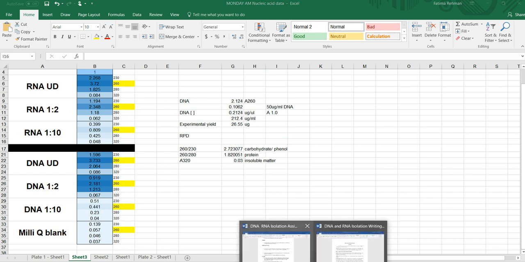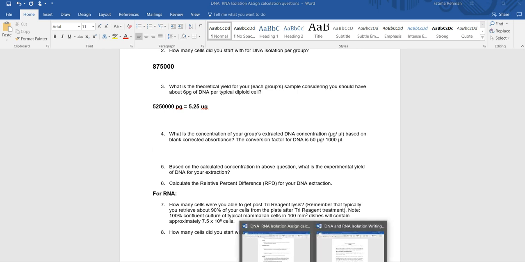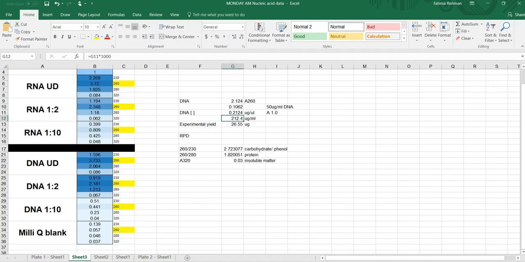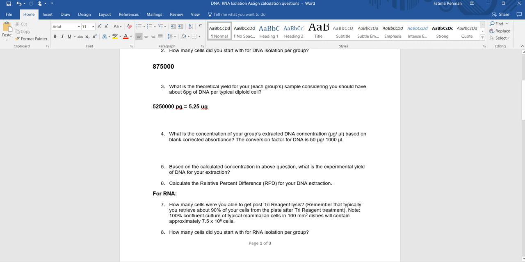Now, if you were to look at the sheet again, what is the concentration of your DNA? Here it actually gives you the conversion factor as microliter, and so you can put that number here. So the answer to this one is going to be this number right here, 0.2124 microgram per microliter, and that's what you would have put here.